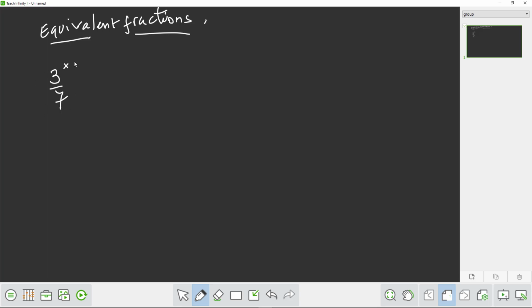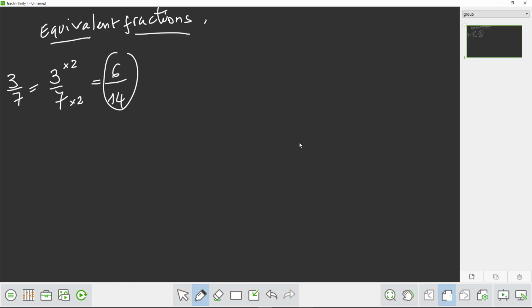So you're going to multiply up by 2 and down by the same number that you chose, by 2, for example. And then the equivalent fraction is 3 times 2 is 6 in the numerator, 7 times 2 in the bottom number, which is the denominator. 7 times 2 is 14. And this is the equivalent fraction for the first one. Equivalent fraction of 3 over 7 is 6 over 14, for example.